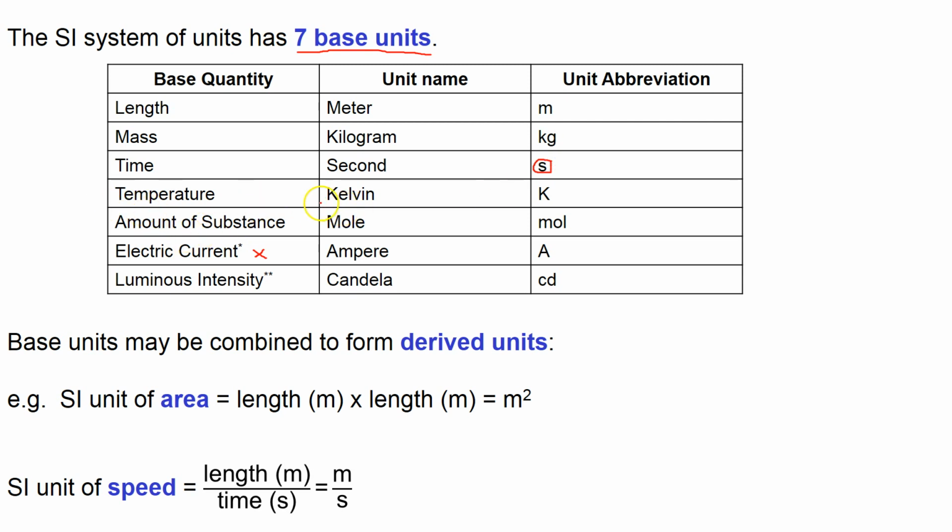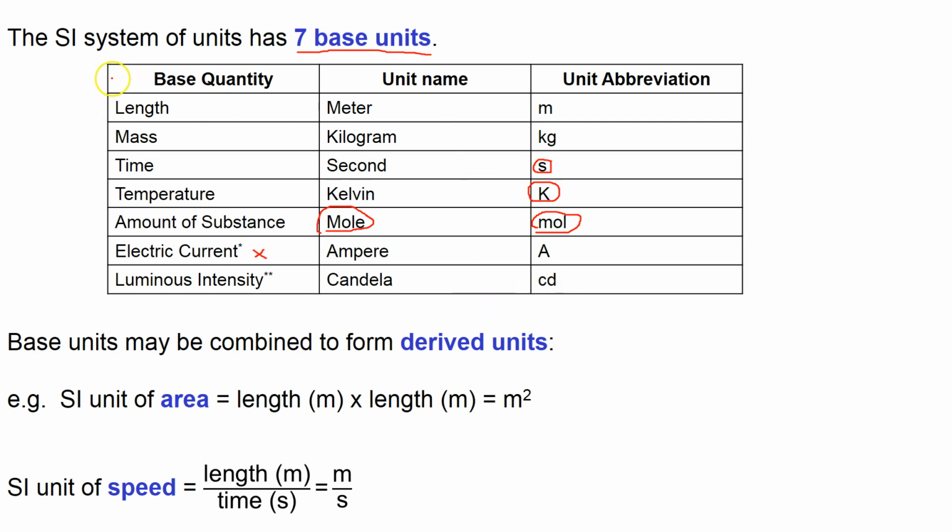For temperature, it's the Kelvin, which is indicated with an uppercase K because it's named after a man, Lord Kelvin. The amount of a substance is given the unit name the mole, and that has unit abbreviation all lowercase mol, and then ampere, uppercase A, and candela, lowercase c and d.